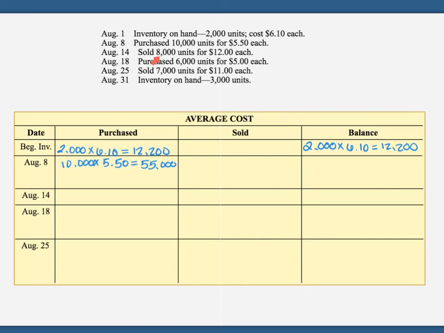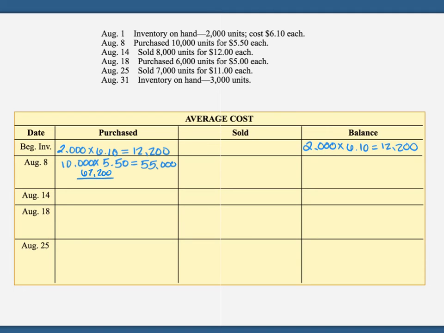So to figure out what the cost of these 8,000 units are, this is where the average cost method comes into play. So we're going to take the dollar amount of all the units that we've purchased divided by the actual number of units we purchased. So we take 55,000 plus 12,200, which gives us 67,200.